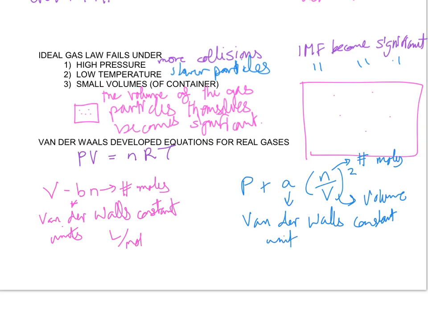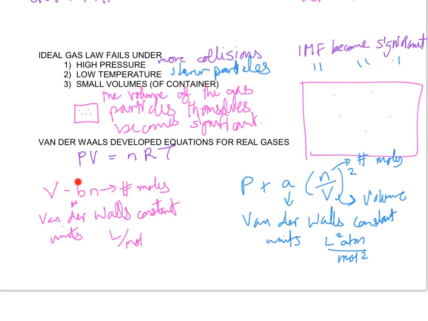So if you look at that table on the back of your packet, you will find different values for the A constant. The units for A are liters squared times ATM per mole squared. Now remember that this fixes the problem of the volume being ignored.